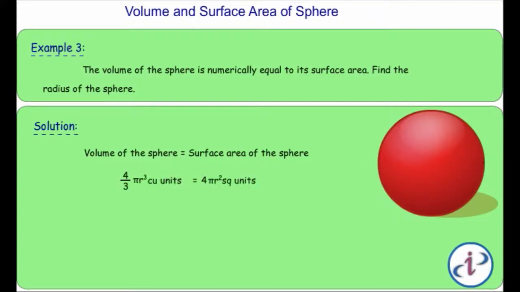We can equate them and write it as 4 by 3 times pi r cubed is equal to 4 times pi r squared. On cancelling the common terms 4 and pi, we get r by 3 is equal to 1. From this, we can find r is equal to 3. Thus, the radius of the sphere is 3 units.